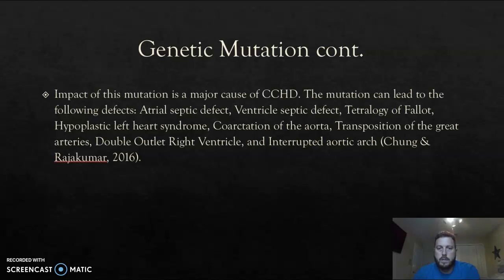More genetic mutations for NKX2. There's some examples here with atrial septal defects, some ventricular septal defects, double outlet right ventricle, and interruption of the aortic arch. And that comes from Chung and Radhakumar in 2016.